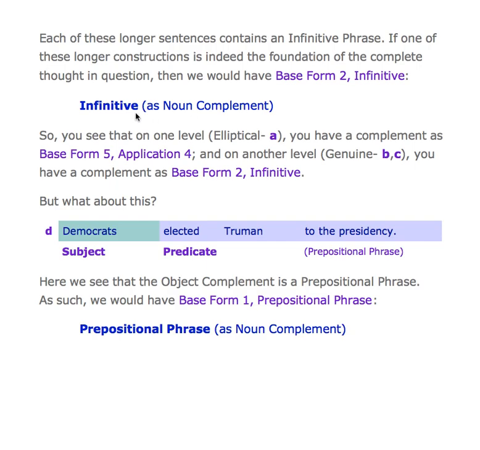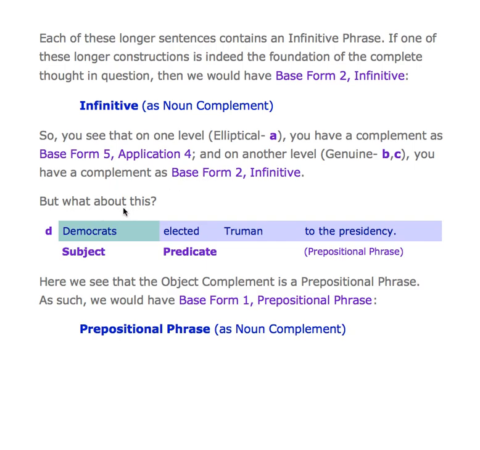You've heard me say that before in many videos. So you see that on one level, elliptical, sentence A, you have a complement as base form 5, application 4. On another level, the genuine level, sentences B and C, you have a complement as base form 2, infinitive. Okay, that should be pretty clear.